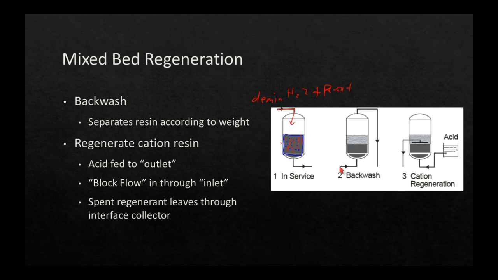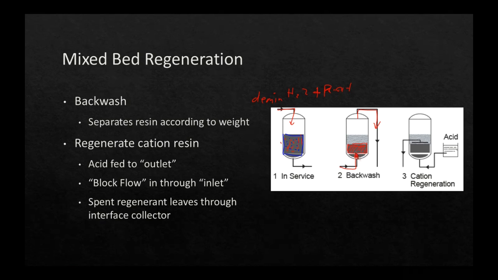So when it's time to regenerate, we're going to backwash. Again, we reverse the flow through the vessel. And in doing so, what is going to happen is the heavy resin, because the resins have two different densities.